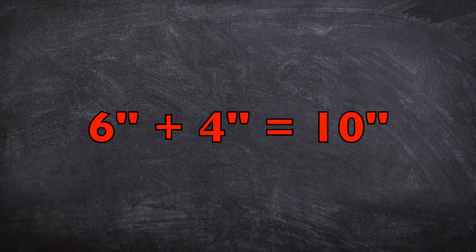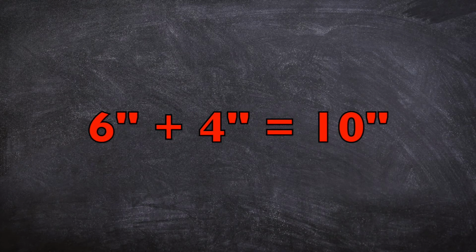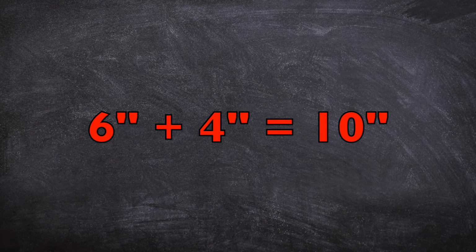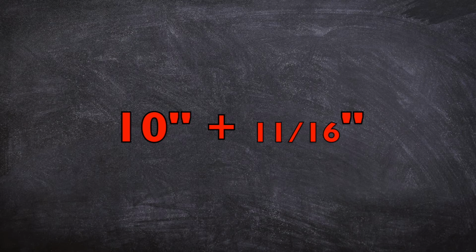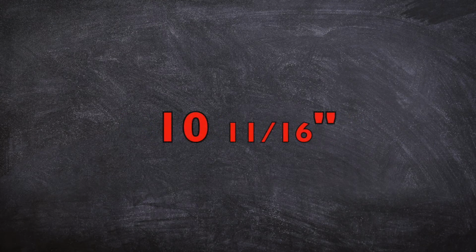Add the whole numbers of 6 inches and 4 inches together to equal 10 inches. Add the combined new fraction of 11/16 to 10 inches to get the combined value of 10 11/16 of an inch. That is your measurement of the 2 combined measurements.